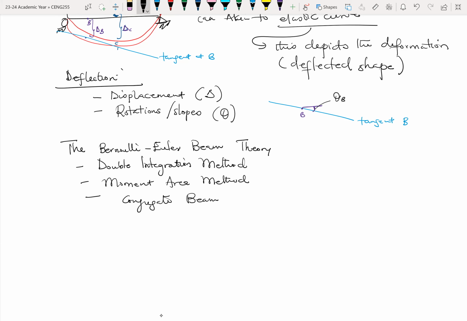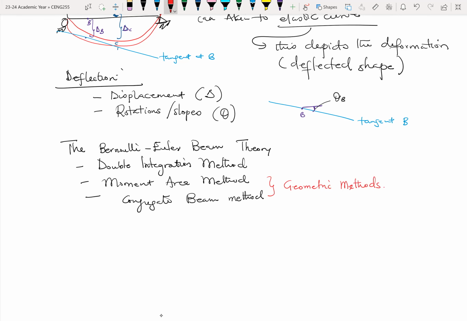The moment area method and the conjugate beam method are what we call the geometric methods. We will understand why we call them the geometric methods very soon.